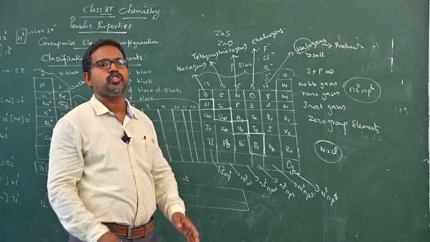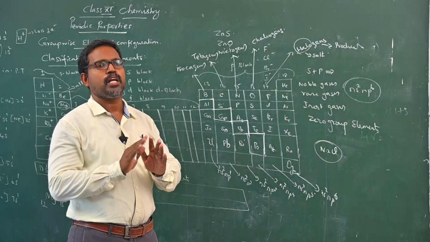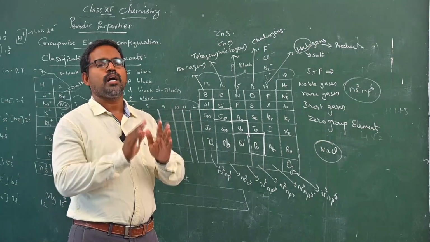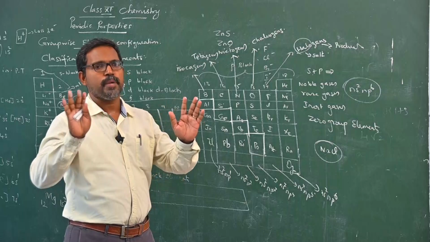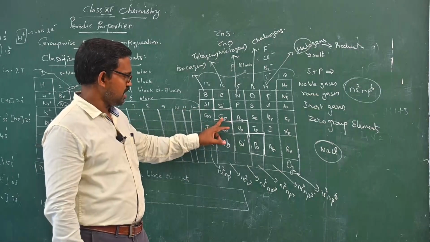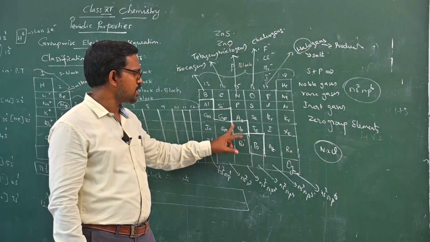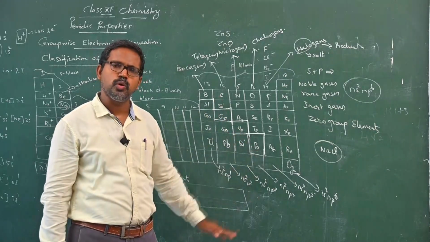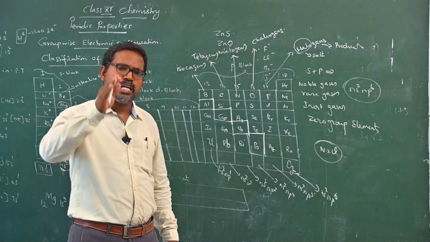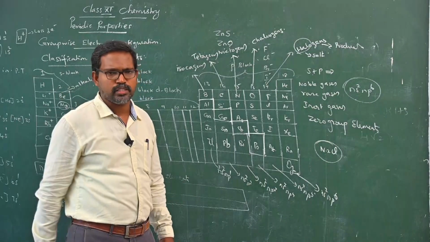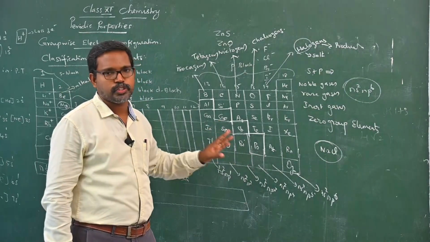What are metalloids? Metalloids show both metallic character as well as non-metallic character, especially silicon, germanium and stibium. Therefore, they are called metalloids.